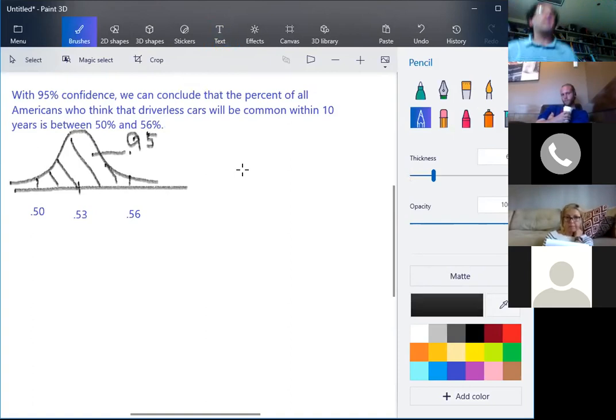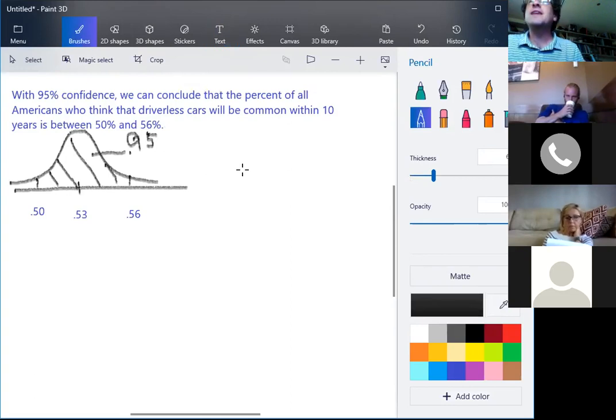Because remember, we said that as long as our sample size is large enough, and by the way, it was 1,503, and if you multiply 1,503 times 0.53, you get a lot bigger than 5, right? And similarly, 47% of 1,503 is also much bigger than 5. So there's no problem with using the normal distribution.